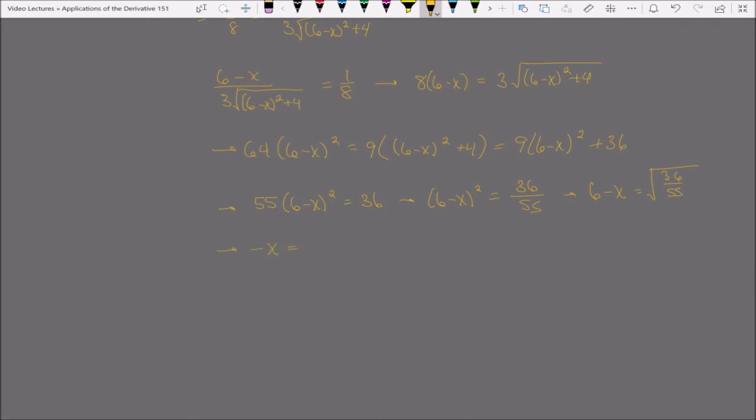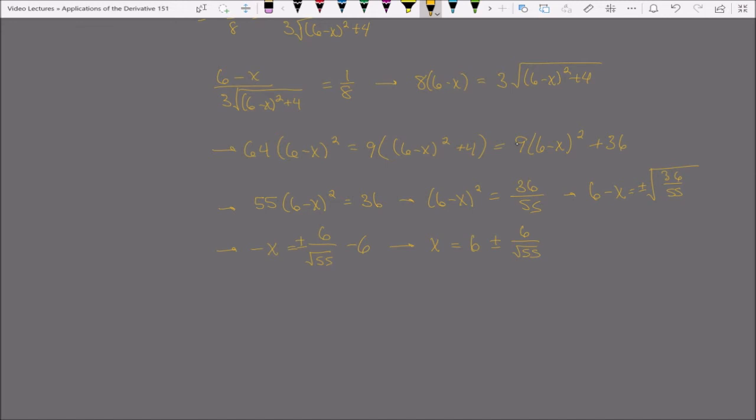Negative x will equal 6 over the square root of 55 minus 6, or x is, this should be plus or minus, I apologize. So this should be plus or minus. X will be 6 plus or minus 6 over the square root of 55.